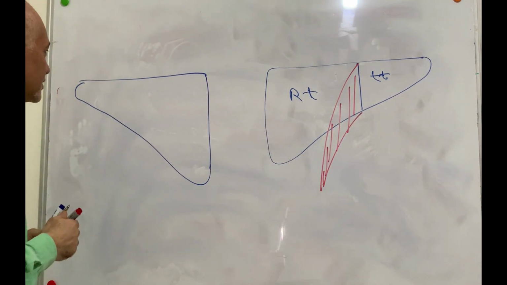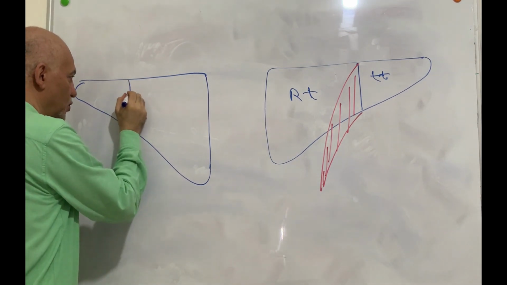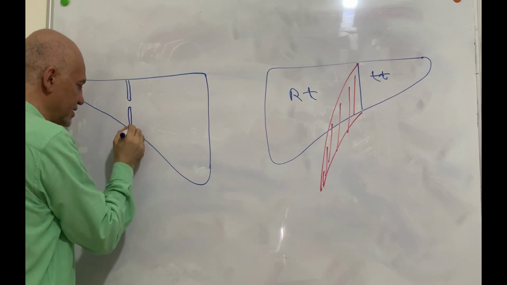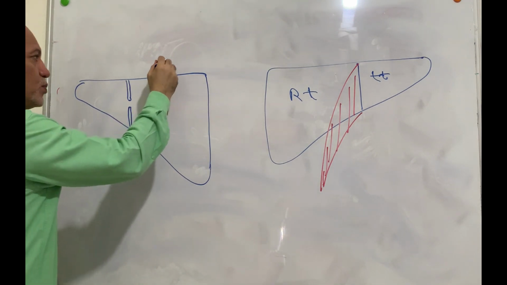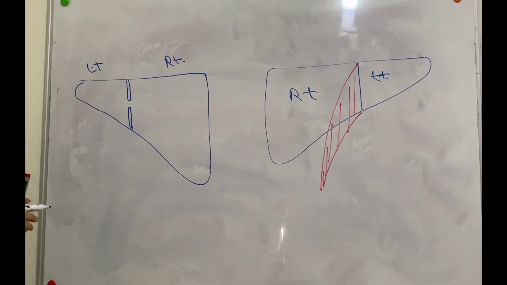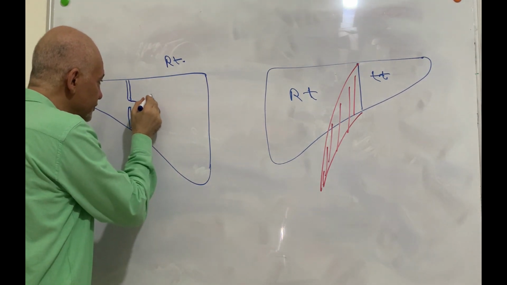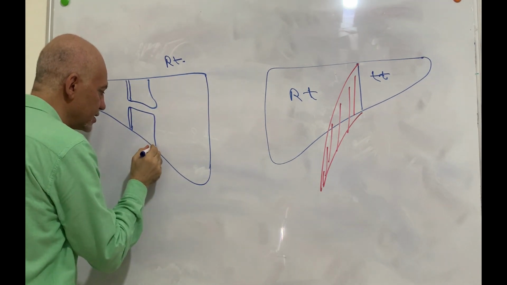From the back, there is the fissure for the ligamentum venosum and the fissure for the ligamentum teres. This is the right lobe, and this is the left lobe. A small lobe is present here, and another small lobe also here.